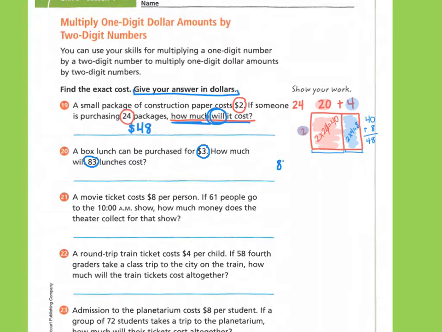First, I want to expand out my number 83 into tens and ones, 80 plus 3. Then I'm going to draw my area model. The last thing I need to do is multiply that by my 3. I'm going to put that on my side there.